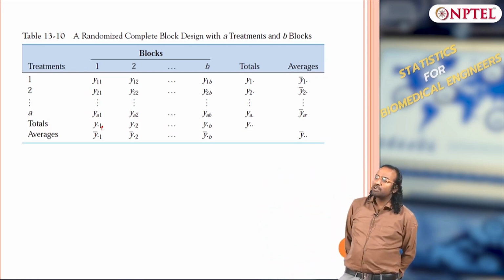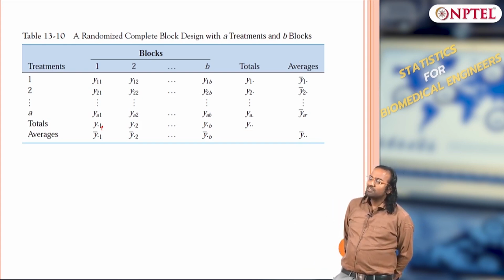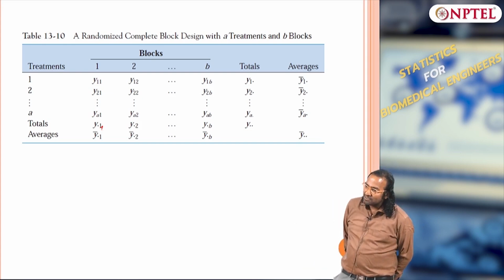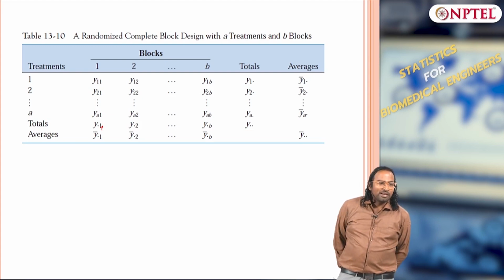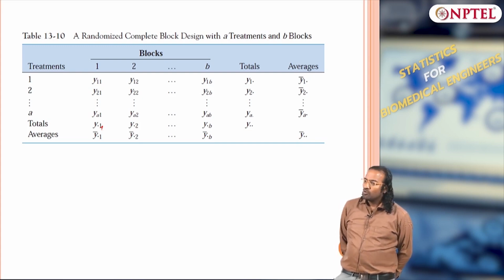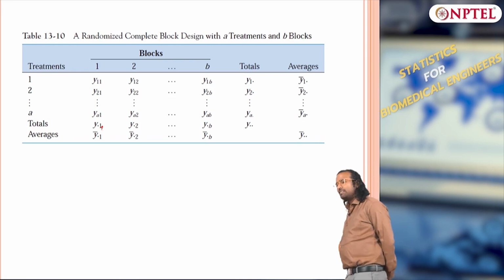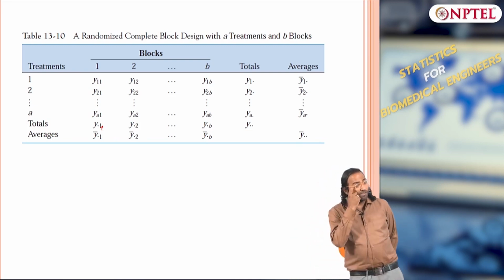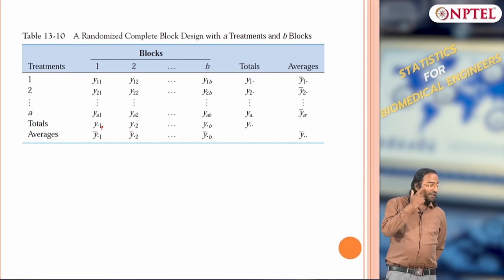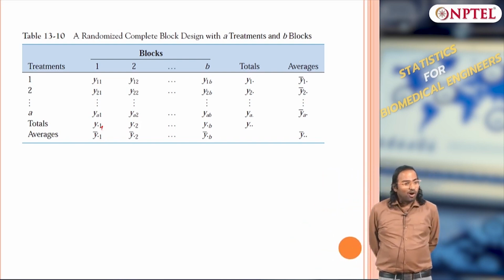It will be composed of noise and nuisance. So noise plus nuisance will become the mean squared error. MSE will be composed of two components, which is noise plus your blocking variable, your irrelevant variable which affects your output.